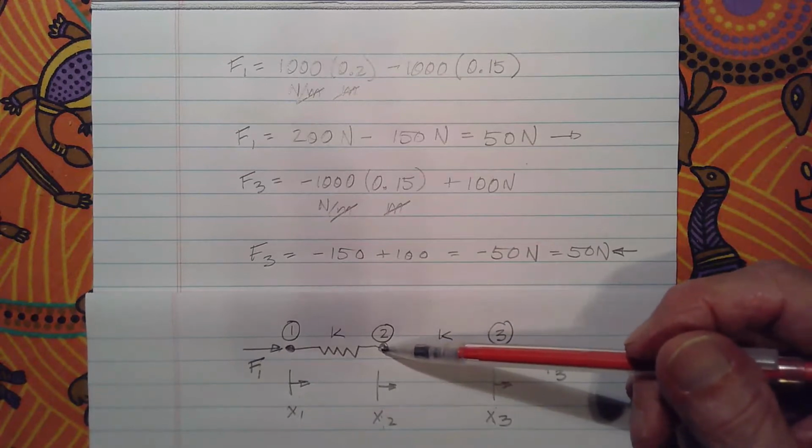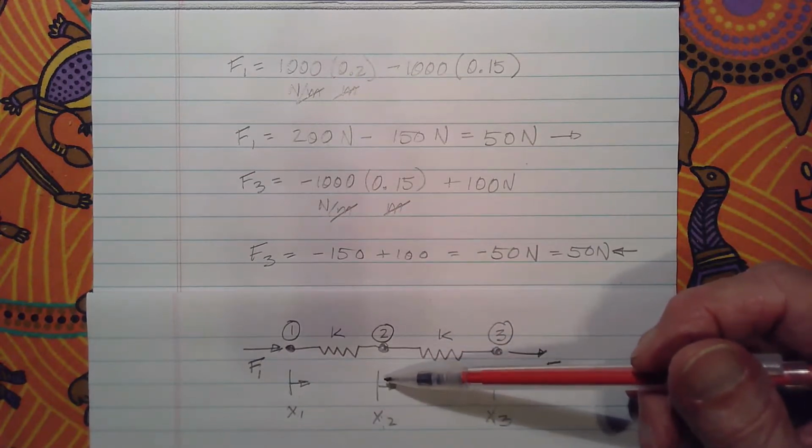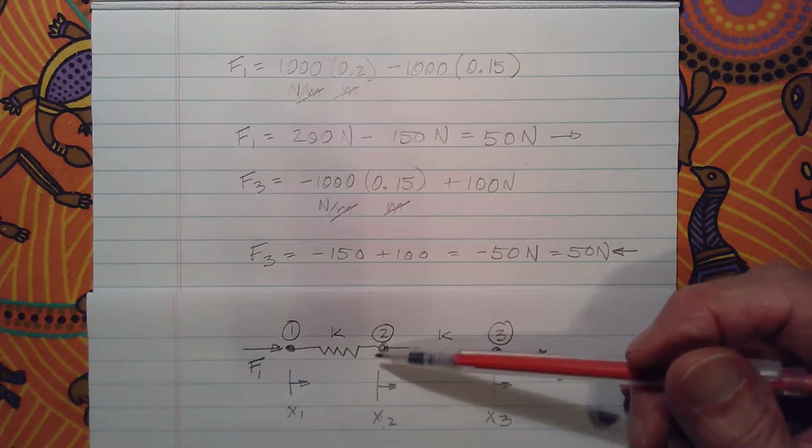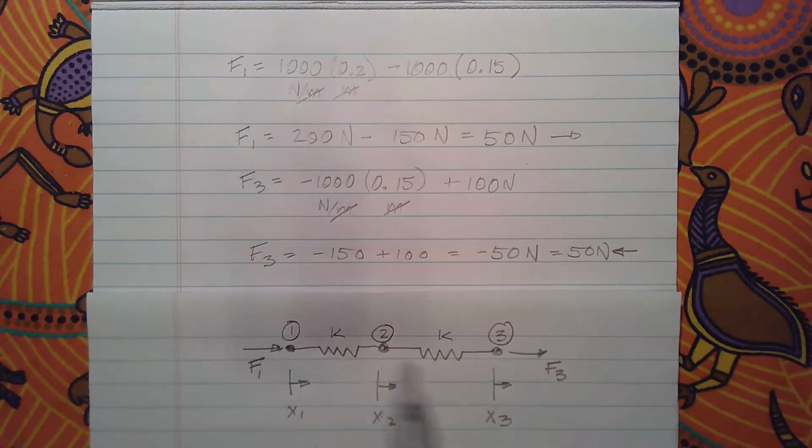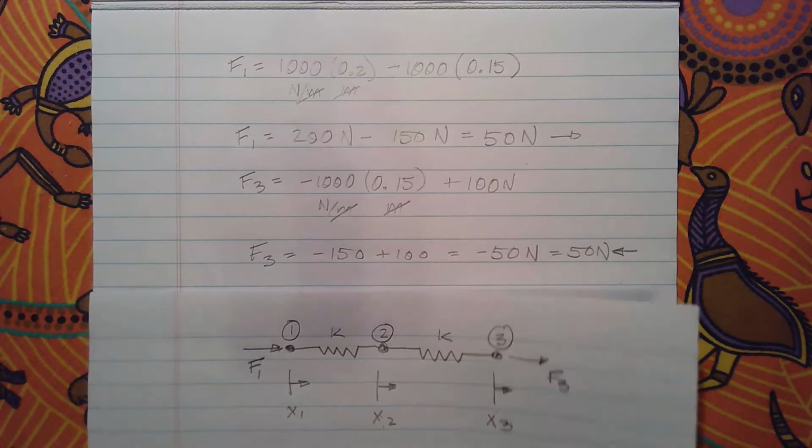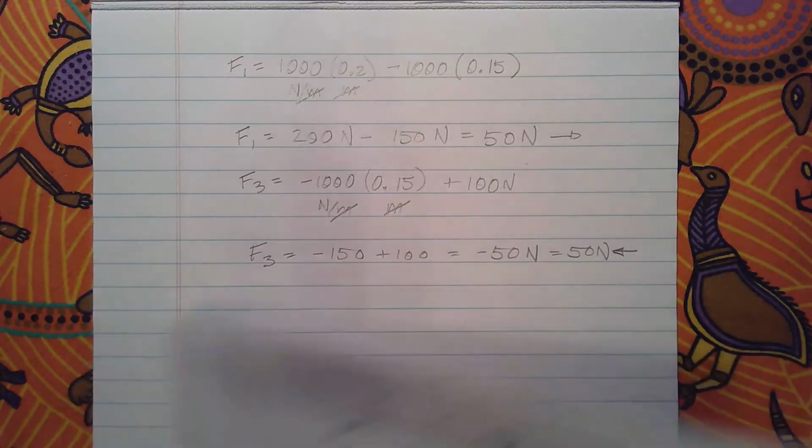Our nodal displacement is half, it's the average of these two, and it's to the right because both of these are to the right. Okay? And then the other thing that we can get, since we now know the nodal displacement here, is we can go back to the element matrices and actually find out what the internal forces are at node 2. So let's do that.